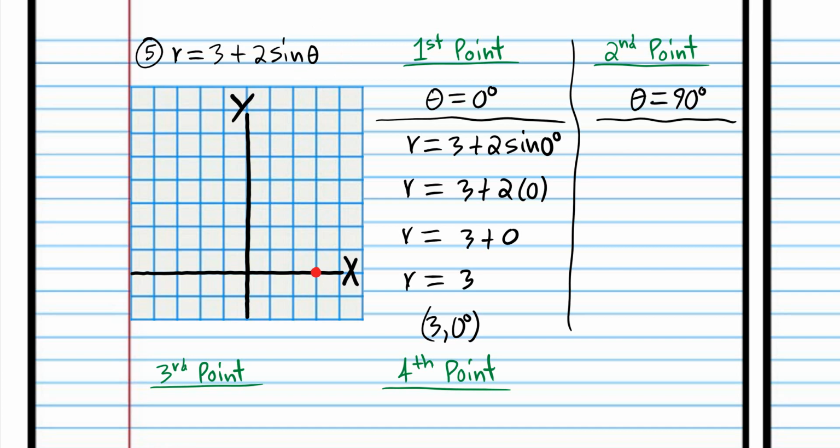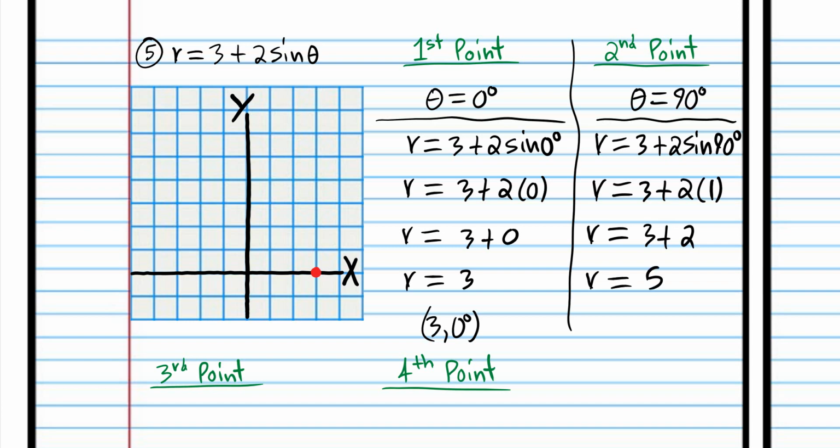But if we had 2 theta or 3 theta, it would be a different situation. So we have 3 plus 2 times sine 90 degrees, and sine 90 is 1. You can see that by looking on your sine curve.